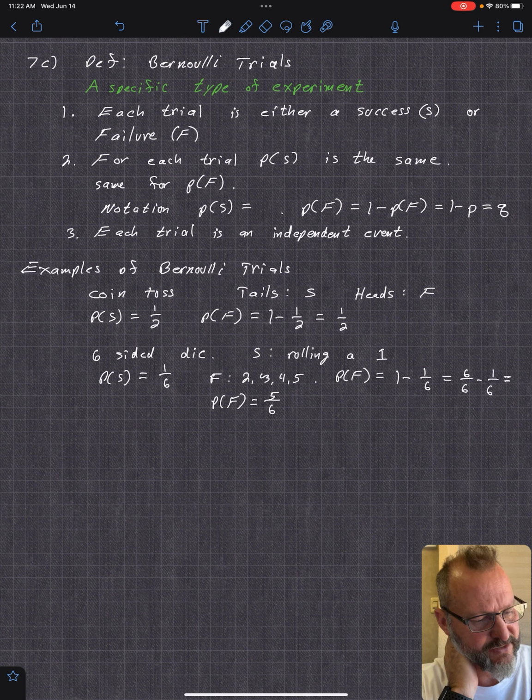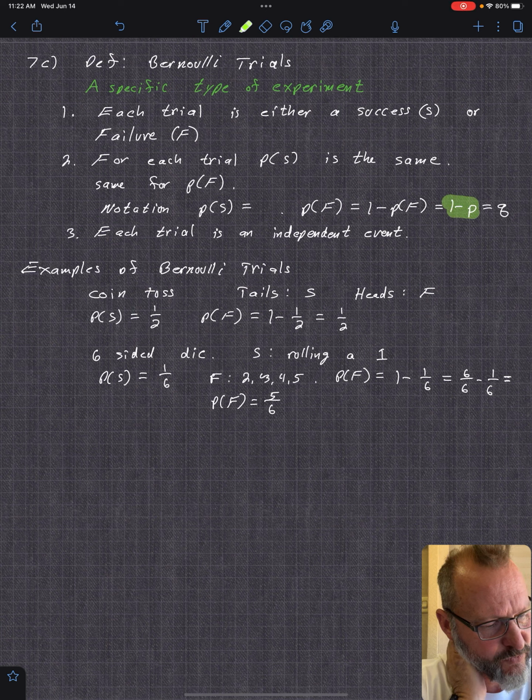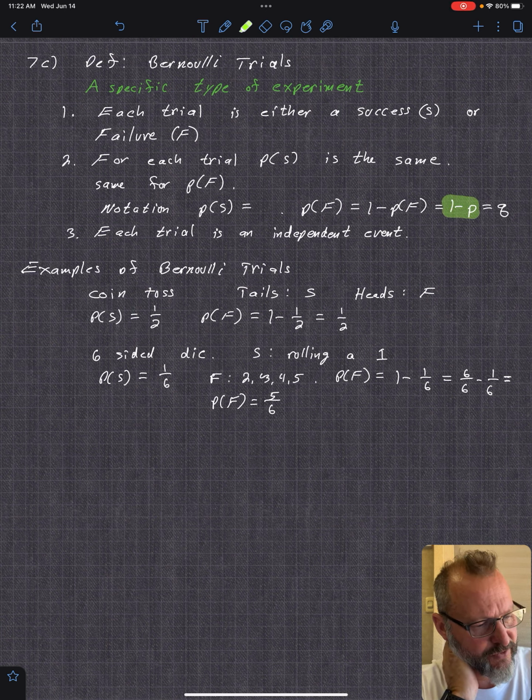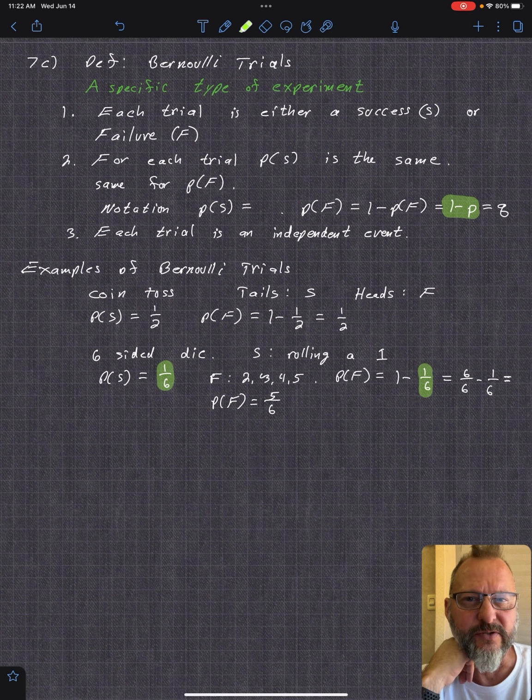Because that is, it's 1 minus P. So we're going back to this, right here. This is what we're looking at. So the probability of success is 1/6. There's your 1/6. So it's 1 minus 1/6.